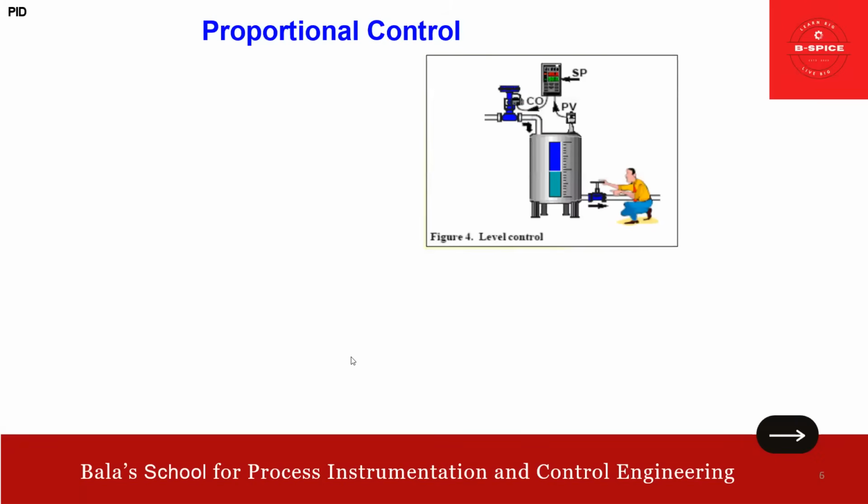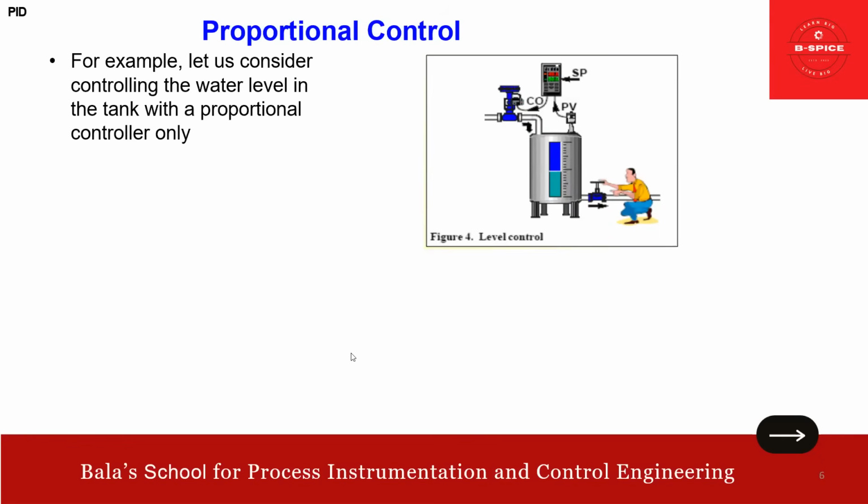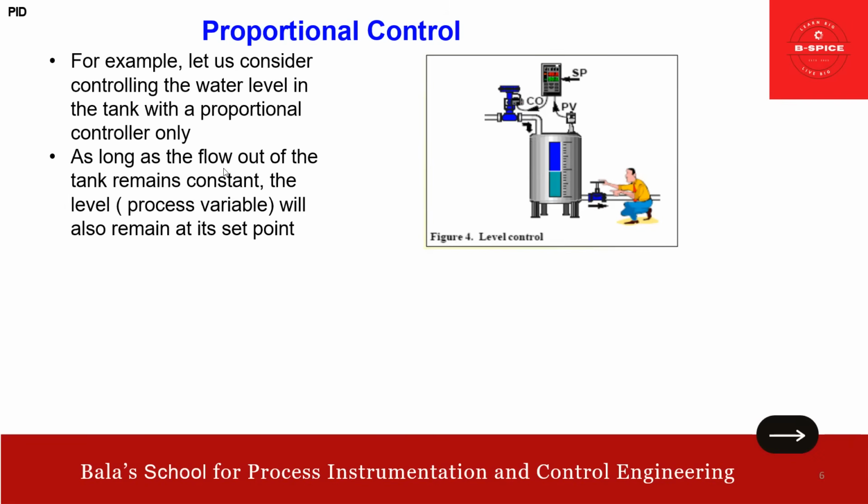Now what we have to do? Let's consider an example of controlling the water level in the tank with a proportional control only. This is a typical proportional control, level control. As long as the flow out of the tank remains constant, the level will also remain at its set point, right?